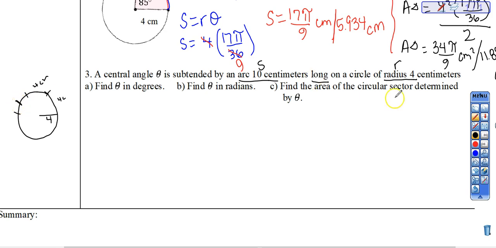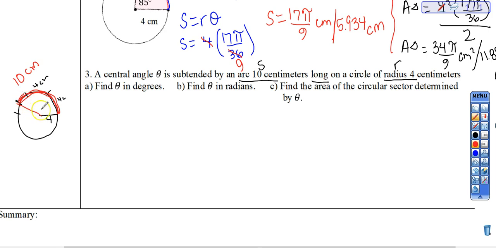So I'm looking at this measure of 10 centimeters. Now, how many radians is that? Think about it. There's 1 radian, 4. Here's 2 radians, 8, and 2 more centimeters. 2.5 radians? Do you guys see it?